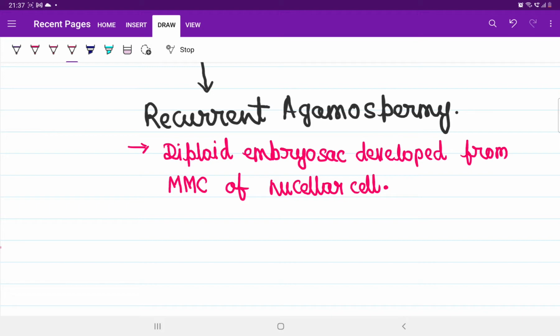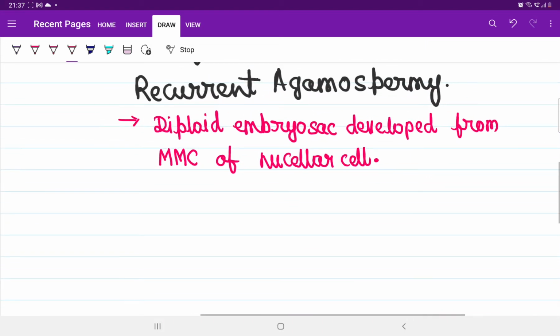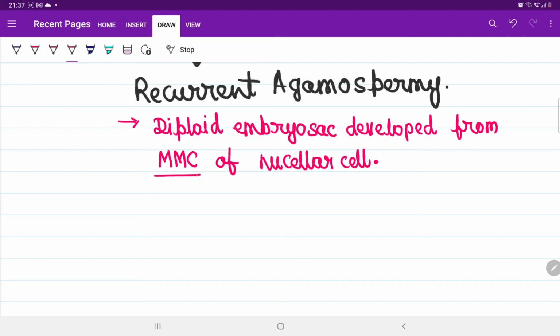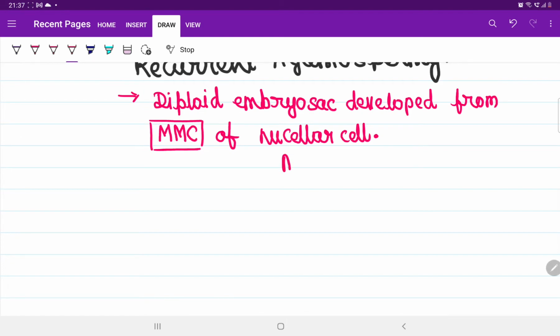In recurrent agamospermy, the megaspore mother cell is the cell which develops from archesporial cells. We know that inside the female reproductive system we have archesporial cells, which develop into the megaspore mother cell, then go through meiosis and form megaspores. Of these, 3 die and only 1 survives, and finally it develops into the embryo sac.